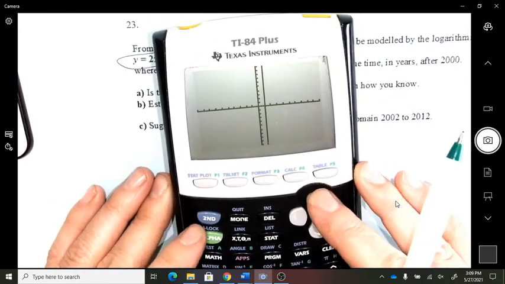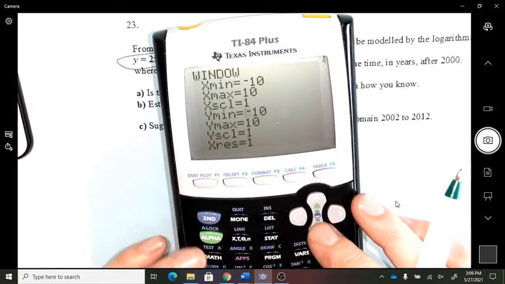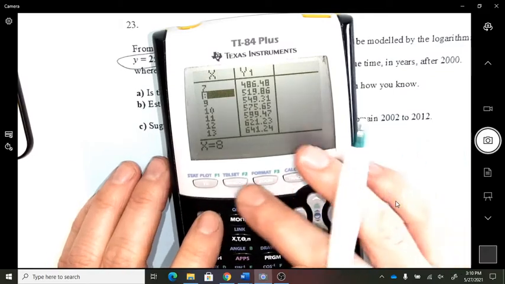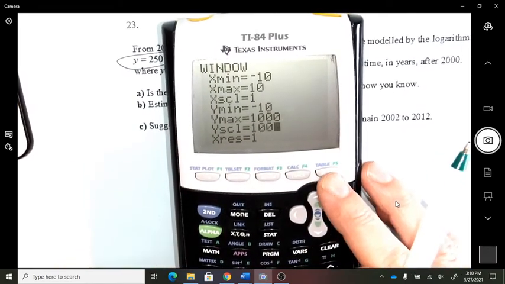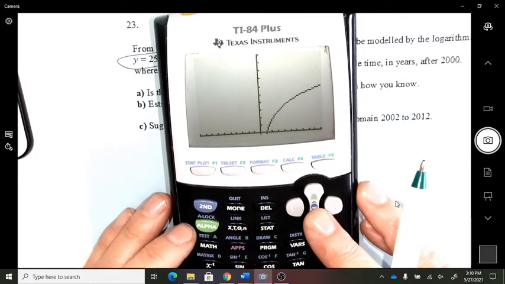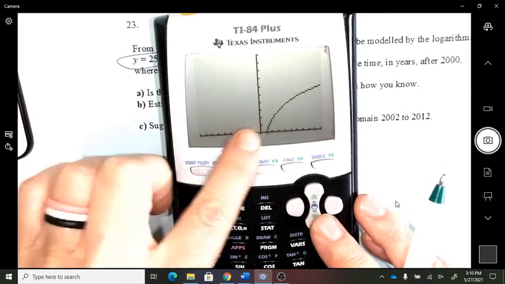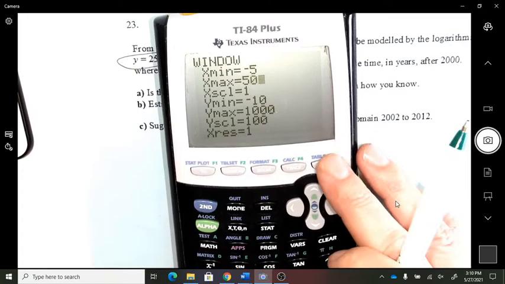It looks bad. What do you want to do here? I think more y. Wait, more. My Y max at 1,000. Yeah. 250 on the X. Yeah, I want more x. I don't really need any x over here, but 50 you did it? Yeah. And it looks good?